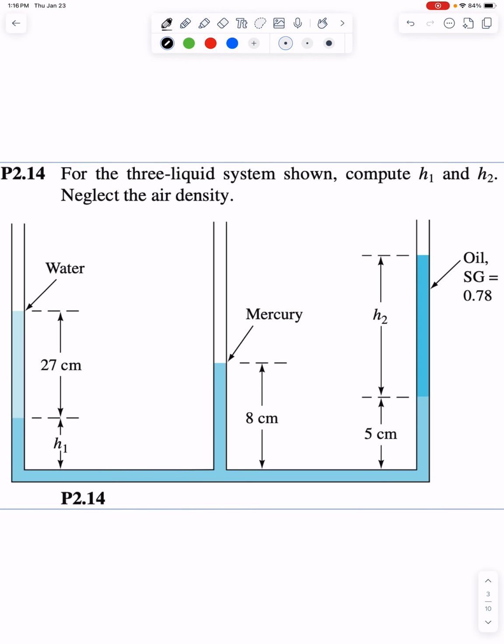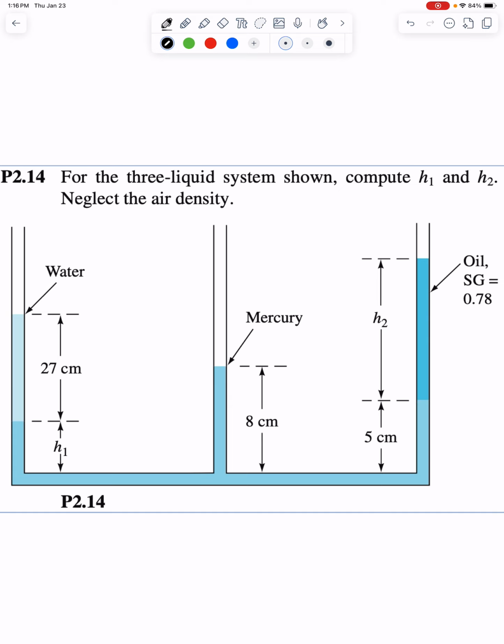There is a similarity between the columns: at the top of the fluid column, they're all exposed to the atmosphere. Therefore, atmospheric pressure is applied to the surface of each of these fluids, in contact with air.